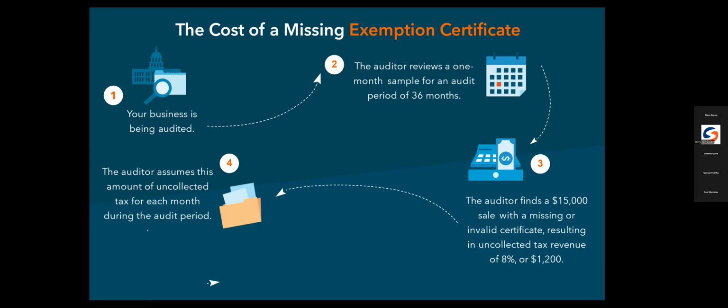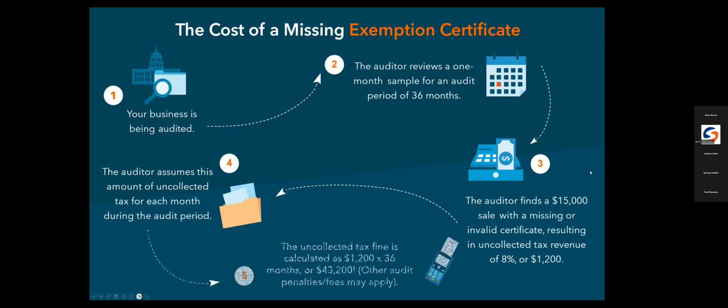Basically, what we're showing here is a sample. But in my experience, when you get audited, the states will come knocking and they'll audit you over, for example, a 3-year period, and they won't look at every single invoice you did in that time frame. They just look at a sample set, say 30 invoices, or 1 month.